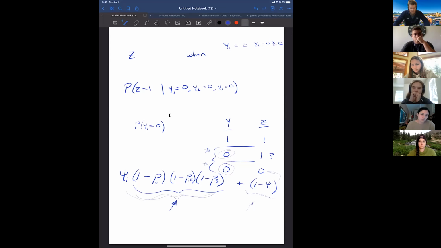So for our success probability, we can put in a lot of information here collected from our data. And that we can do phi, or psi, times the product of our p's.